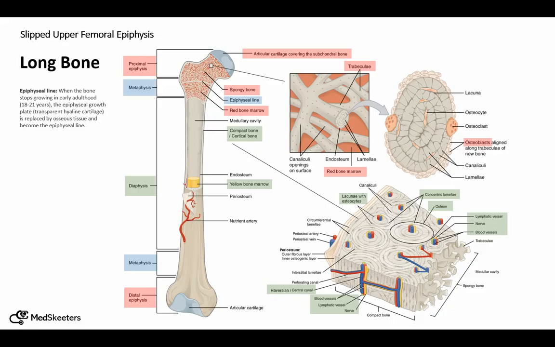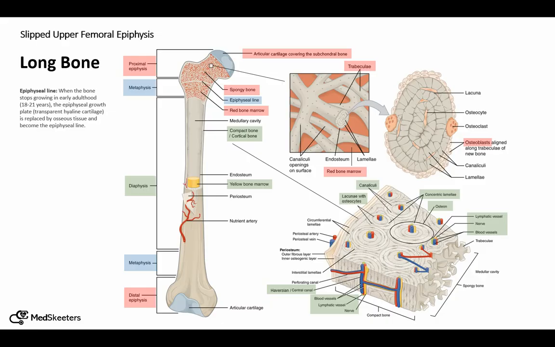Lacunae are empty spaces for the osteocytes to sit in and be protected from crushing. Cytoplasmic extensions branch out from each osteocyte and are housed in canaliculi. These canaliculi are actually thin empty spaces or channels.